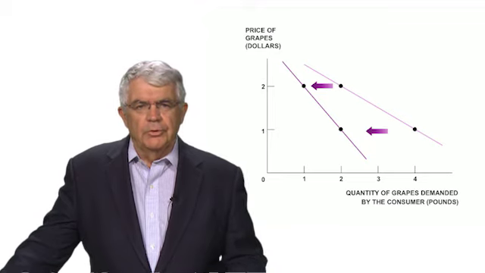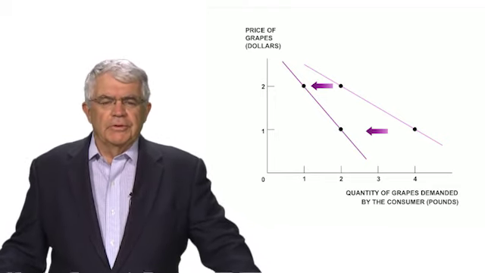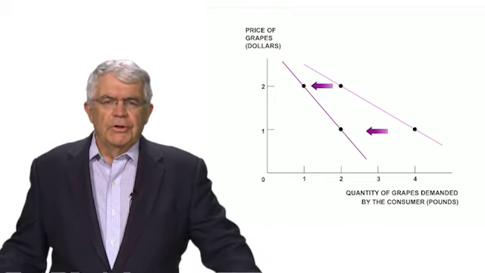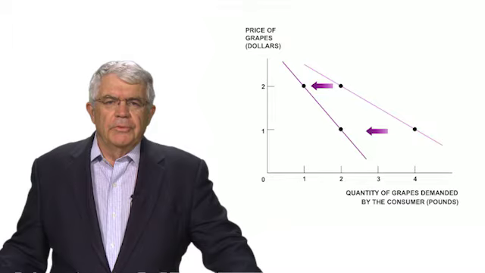So from 4 to 2 or from 2 to 1, but they're both shifts in the demand curve, and that's occurred because of the change in the budget constraint, less money to spend, less income to spend, and therefore the demand curve has shifted.